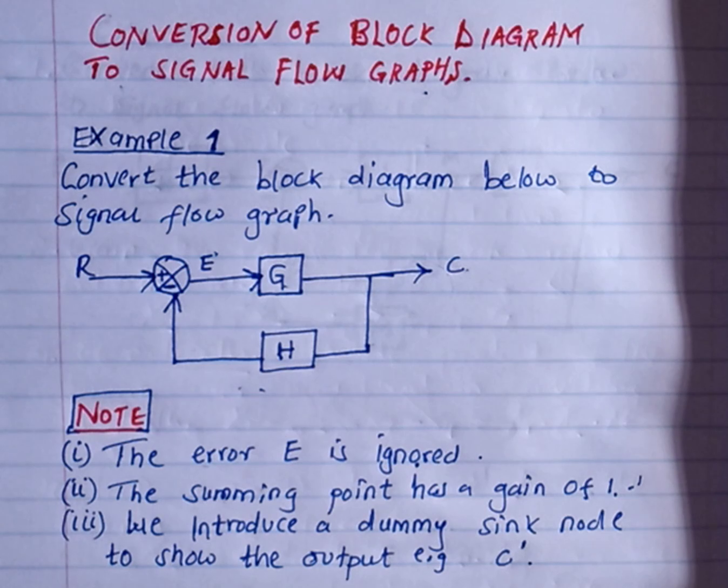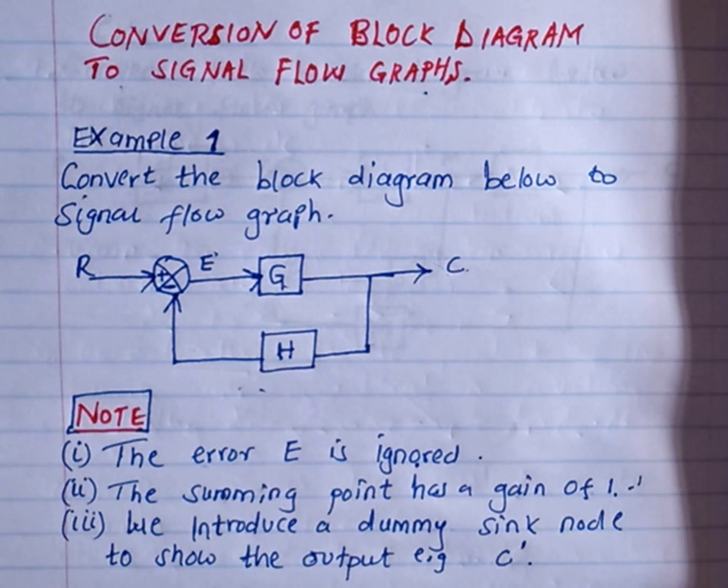Then number 3, we introduce a dummy sink node to show the output. For instance, we have C prime. If you have looked at my previous video, I was explaining the dummy sink node, where we have an output like C. Then you find that something is coming out of that C, and another branch is coming towards that C. Then we cannot say that C is our output.